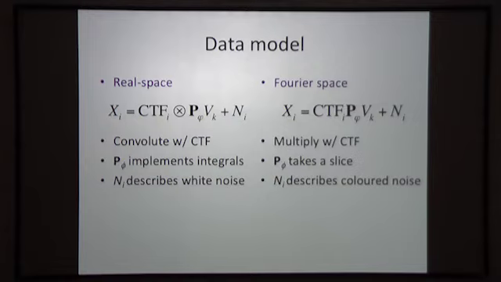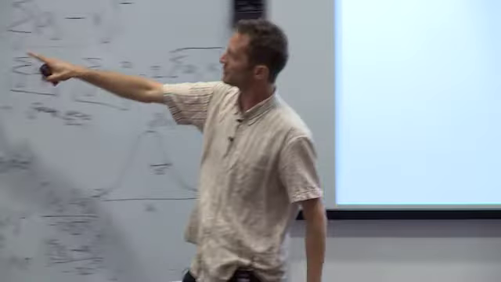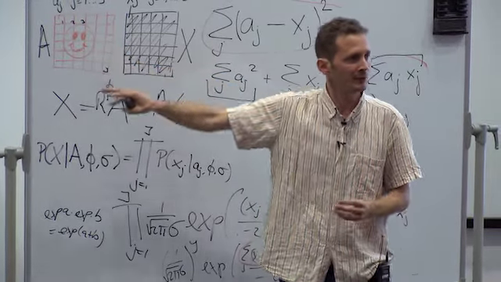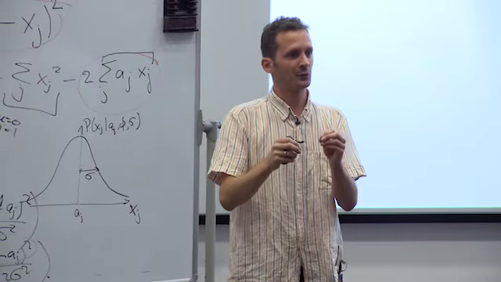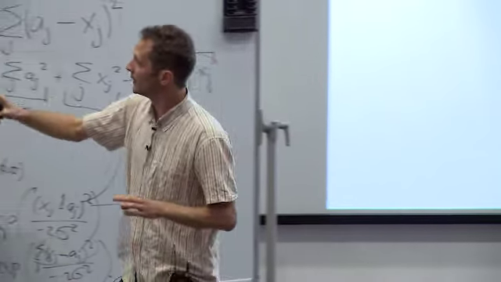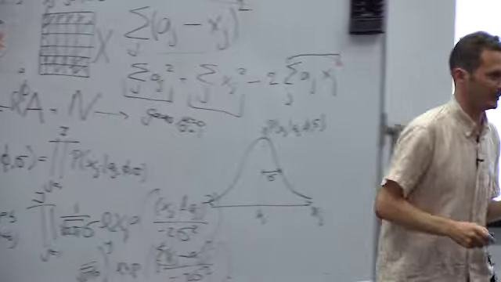And then there is a statistical difference that we're going to exploit by setting up a noise model in the Fourier space. So we're no longer going to compare real space pixel values of the experimental image with real space pixel values of the reference image. Rather, we're going to take the Fourier transform of both, and we're going to compare Fourier space components of the reference with the Fourier space components of the experimental image.